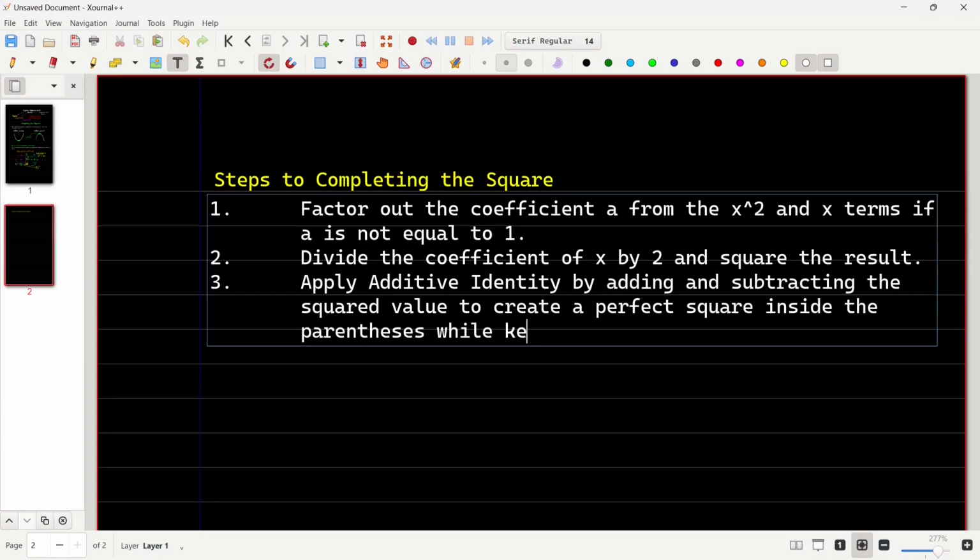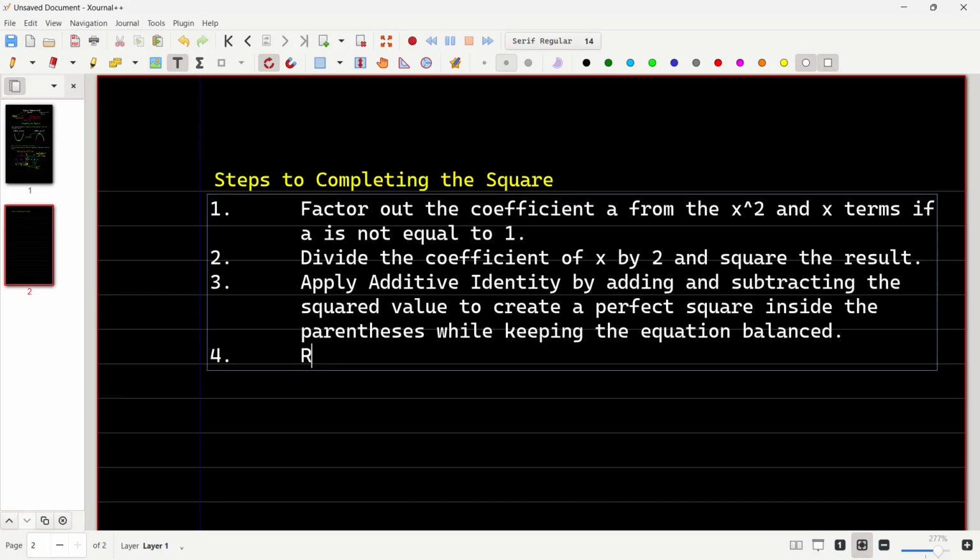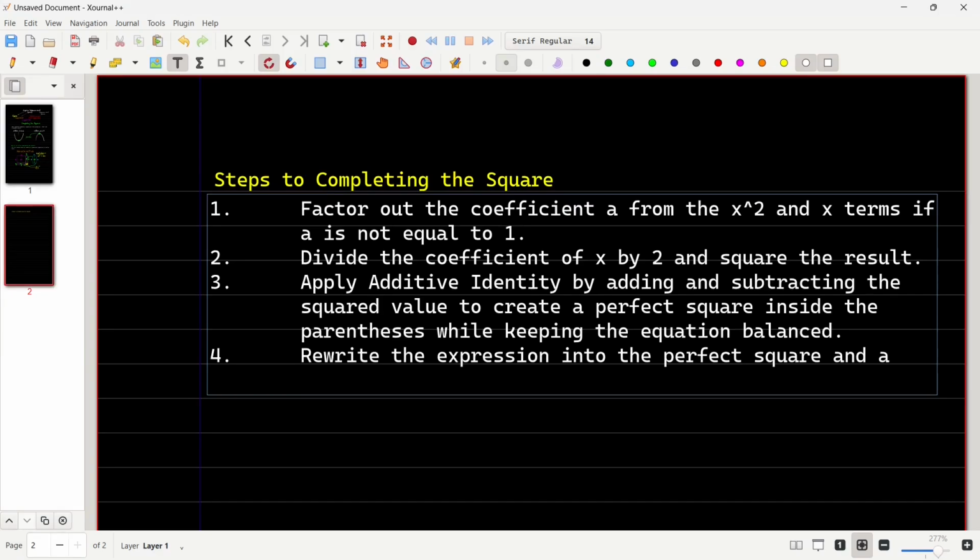All right, while keeping the equation balanced. And then the fourth one, we're going to rewrite the expression into the perfect square, S-Q-U-A-R-E, and a constant outside the parentheses. Or basically, we're going to have the vertex form. So when they ask you to complete the square, they're asking you about writing the vertex form.